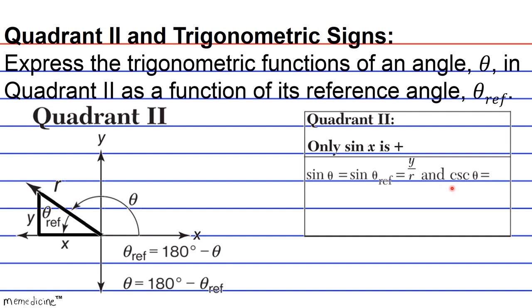And so the cofunction of the sine of theta is going to be the reciprocal of this. The numerator now being the segment length, or the hypotenuse, divided by the side opposing the angle, which corresponds to the y coordinate.